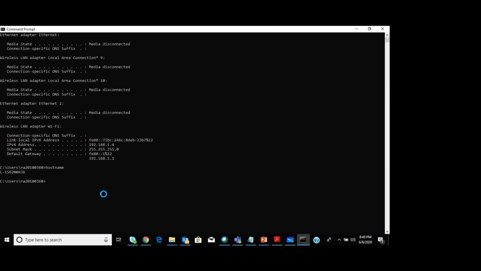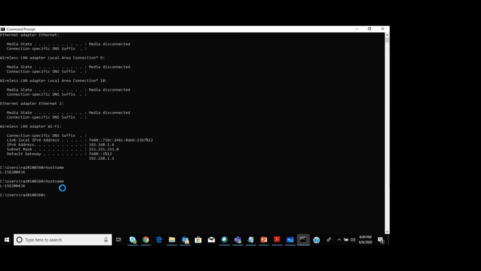So what is a hostname? Hostname is the computer name. I typed your hostname, and it is showing me this is my company laptop. So this is the hostname, or you can say computer name.